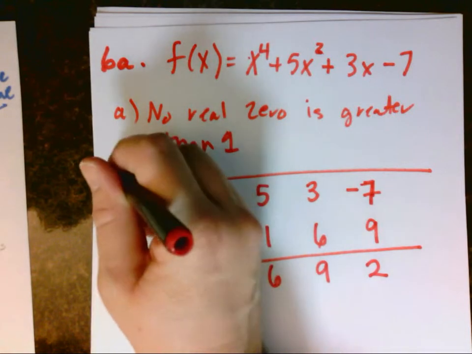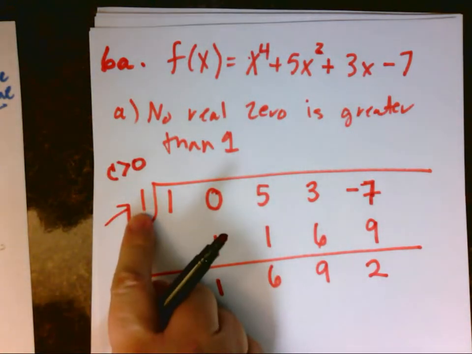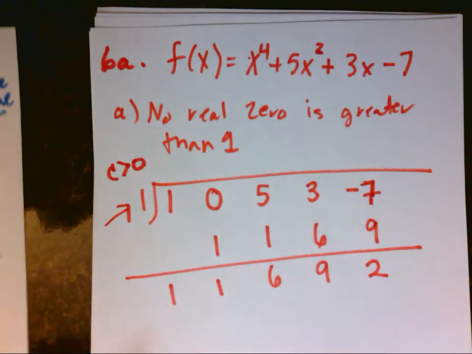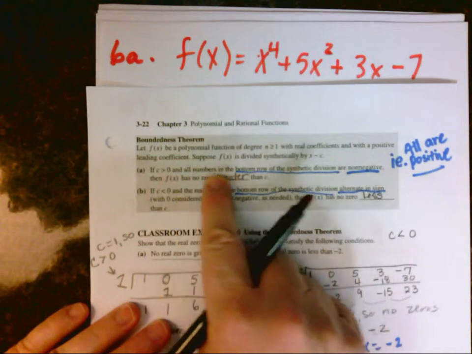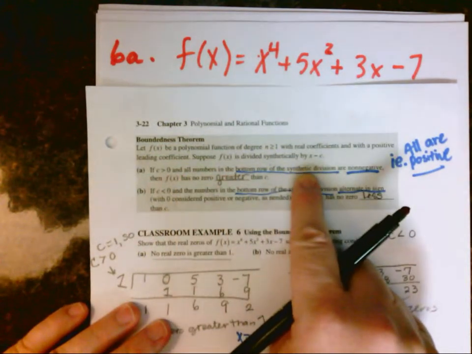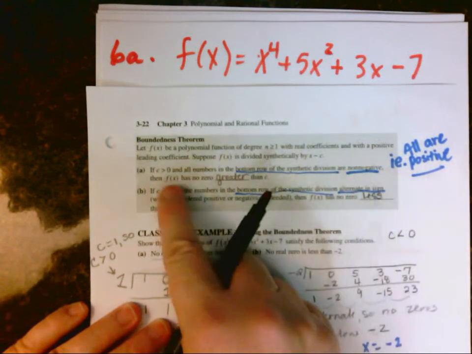Since c is greater than 0, the number we're dividing by is greater than 0, go to this up here. It says if c is greater than 0 and all the numbers on the bottom row are non-negative, they're all positive, then f of x has no 0 greater than this.